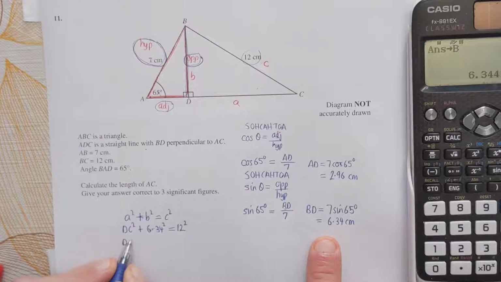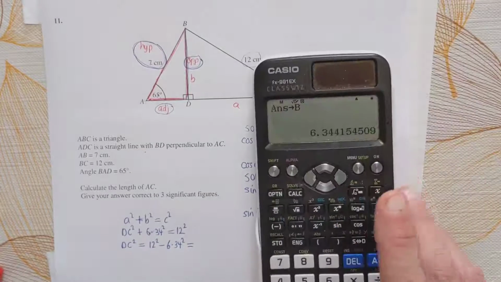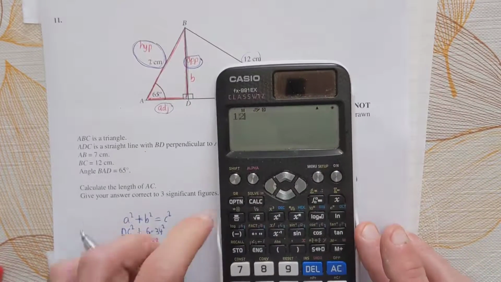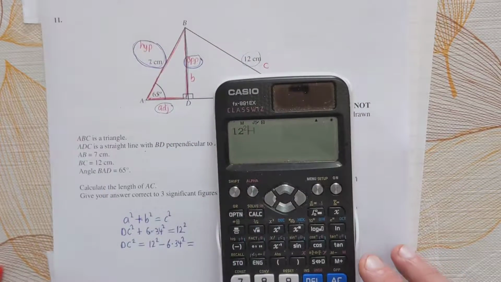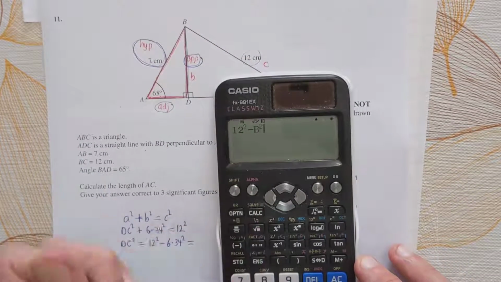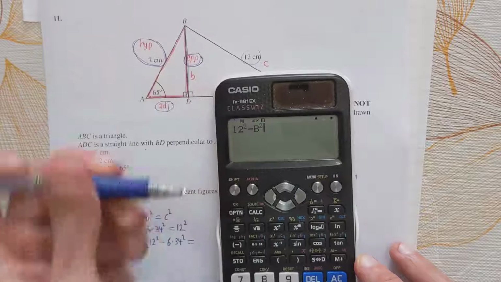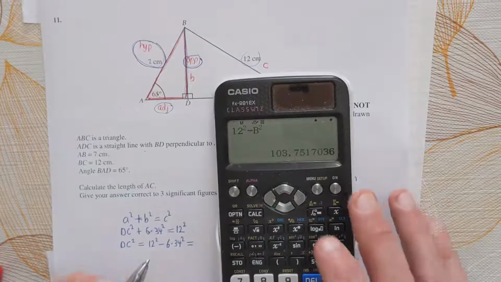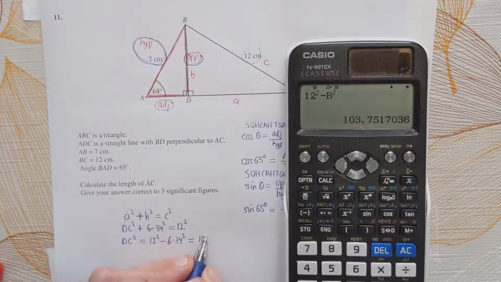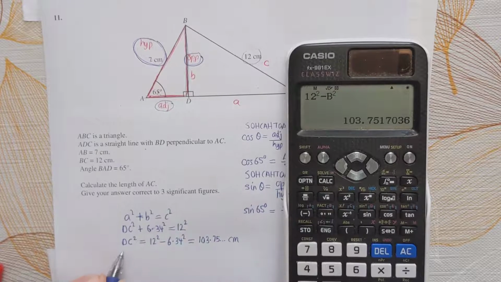And so DC squared equals 12 squared minus 6.34 squared. Okay, and we can work that out as 12 squared minus B squared. Remember, we stored it in memory slot B. And that gives you 103.75 centimeters squared.